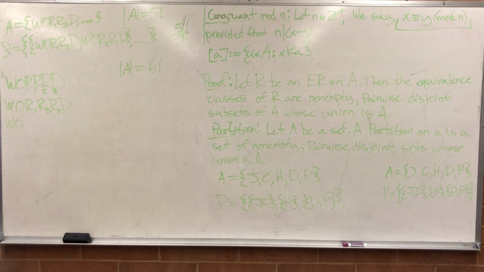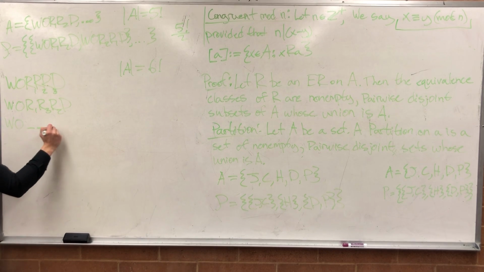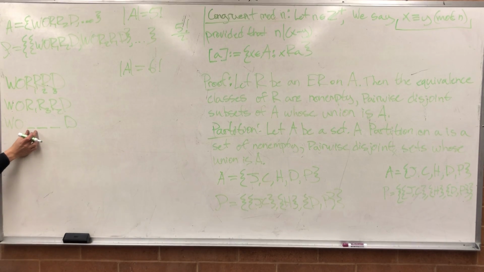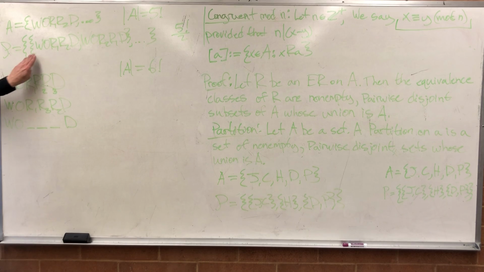Or in other words, you can think about it as 3 options for which R to put here, then 2 options for which R to put here, and 1 option for which R to put there. So if we split it up into its partitions, each partition would have size 6, or 3 factorial.